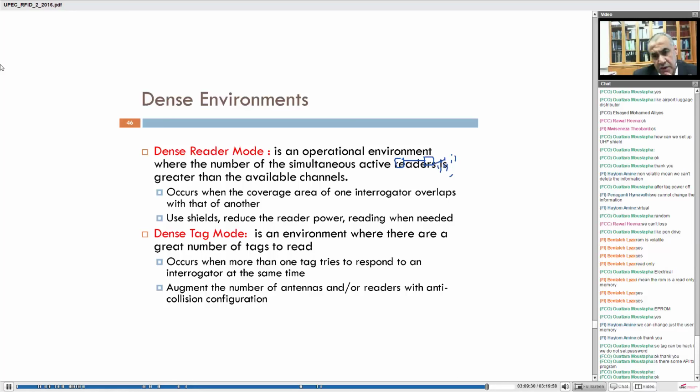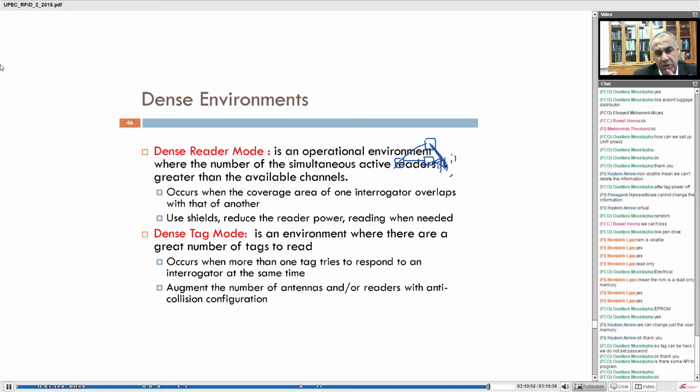So you have a reader, an antenna connected to the reader, and when you have a lot of tags, there is collision, but not only collision, you have a communication of more than one tag. So you cannot manage this because you have multiple tags.